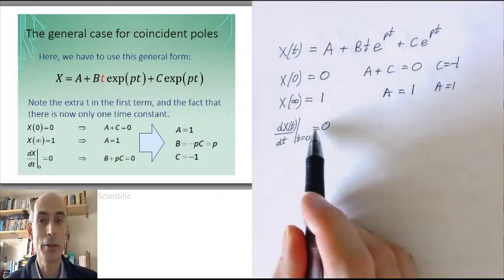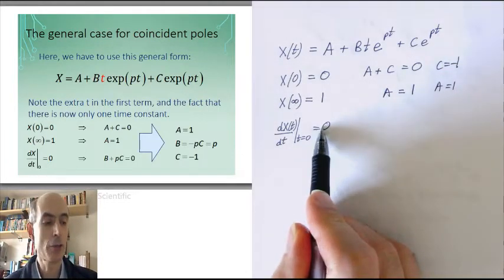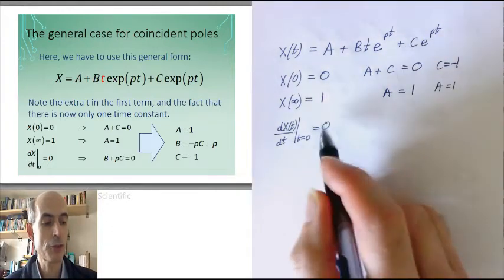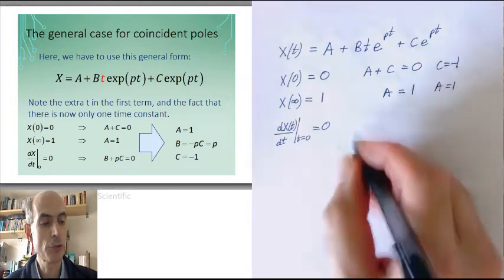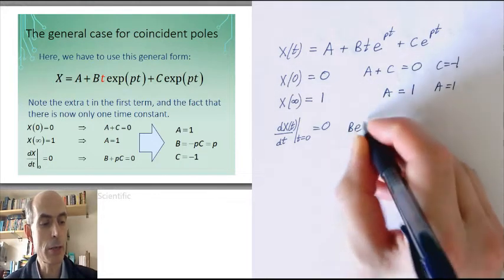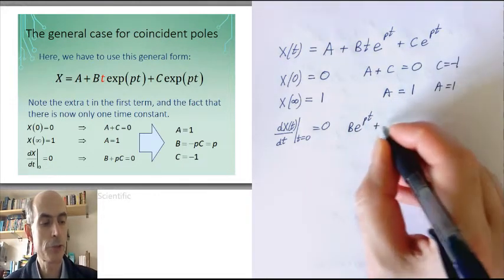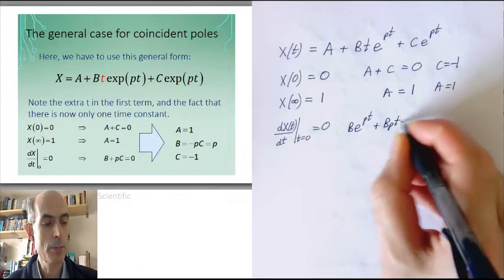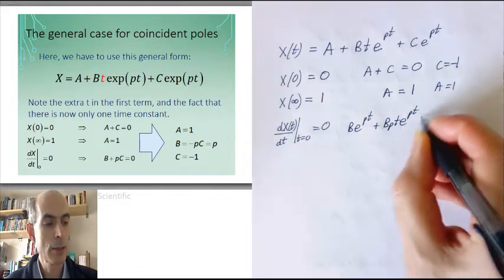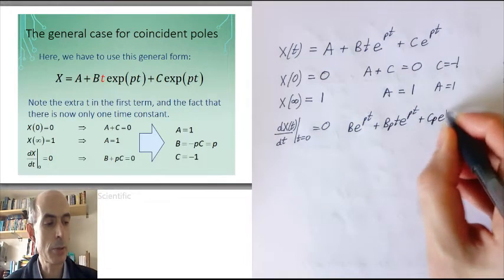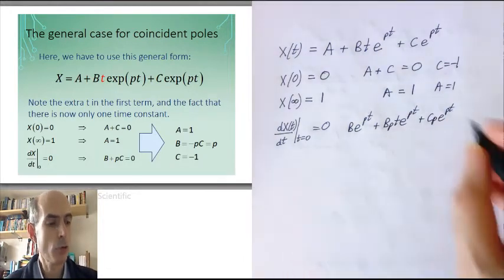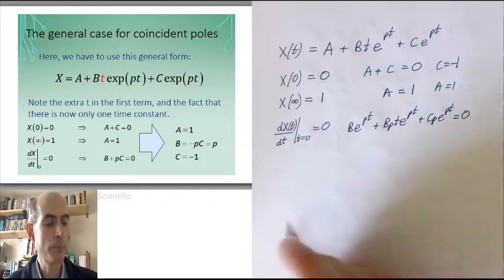We then apply this, and we have to do a differentiation of this, and that's slightly more complicated now, because this term here would give us b e to the pt plus b p t e to the pt, and this term here would just give us c p e to the pt, and that lot we know has got to be equal to 0.